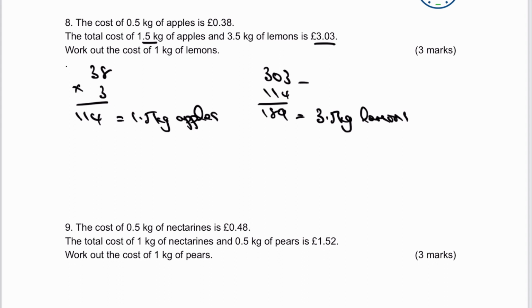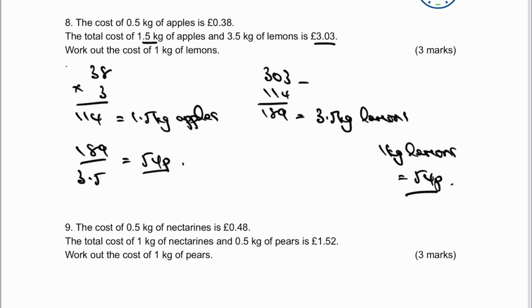Okay, so therefore if I want to work out the cost of 1 kilogram of lemons, I'm going to take 189 divided by 3.5, and that's going to give us 54p. Okay, so 1 kilogram of lemons is going to be equal to 54 pence, and that would be the answer to question number 8.